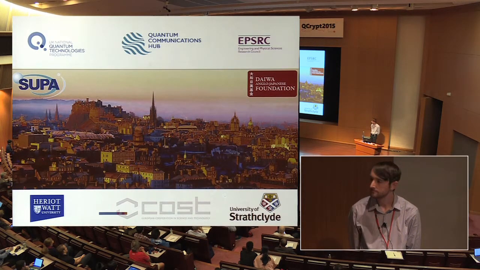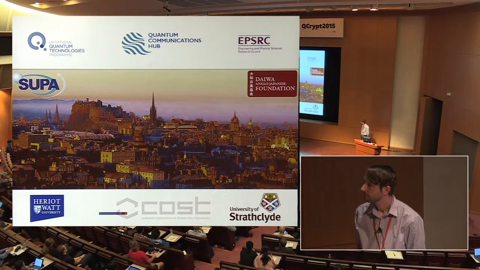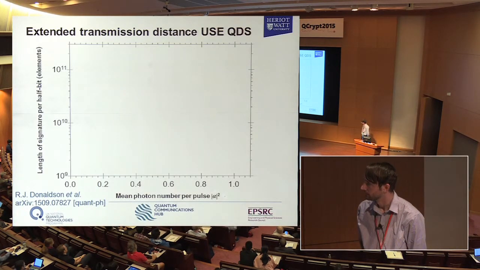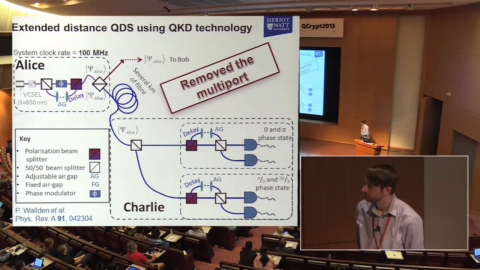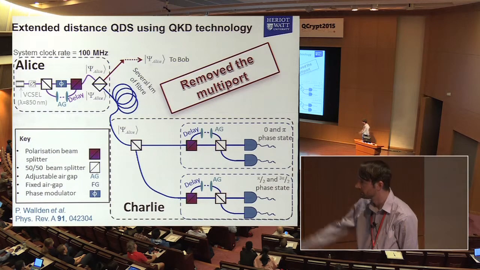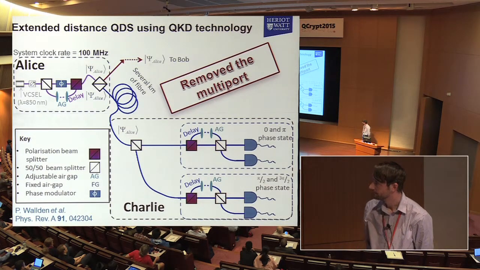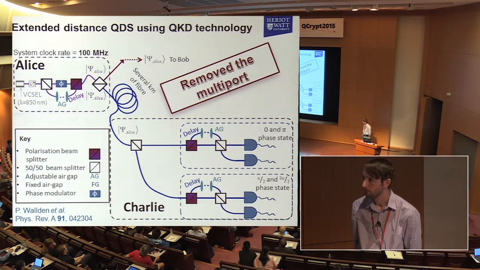Yeah, I have one. So in the last experiment, are there 2 parties or 3 parties? In the last experiment, there's the sender, Alice, and then the 2 receivers, Bob and Charlie. We just didn't show Bob in this diagram simply because it's an exact duplicate of Charlie. But there's 3 parties. So Alice the sender, and 2 receivers, Bob and Charlie.